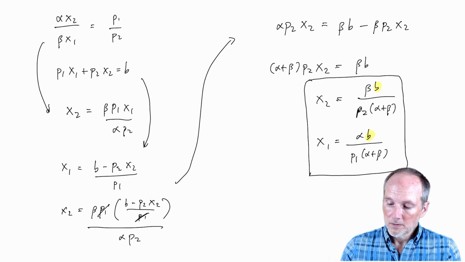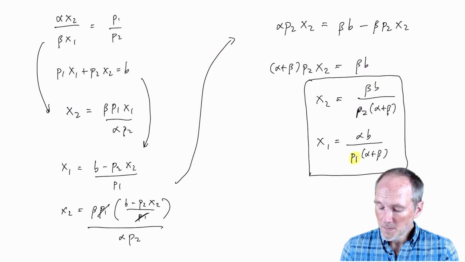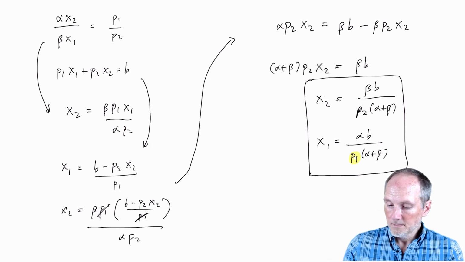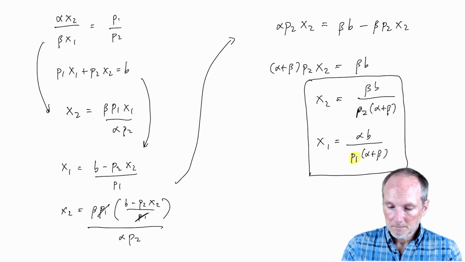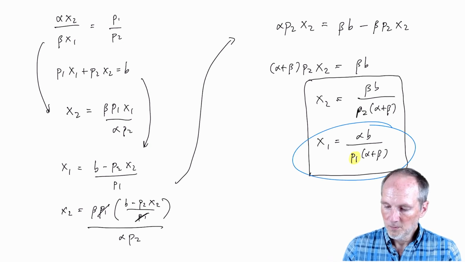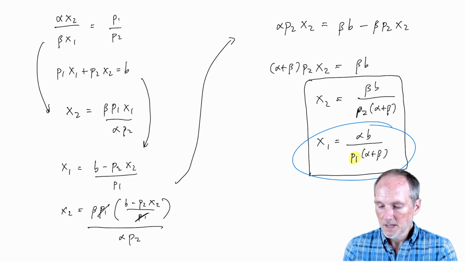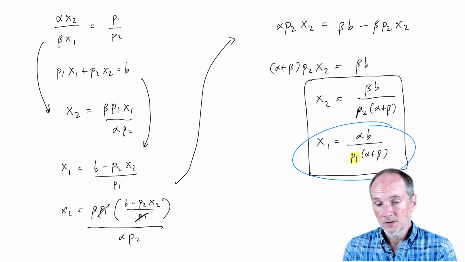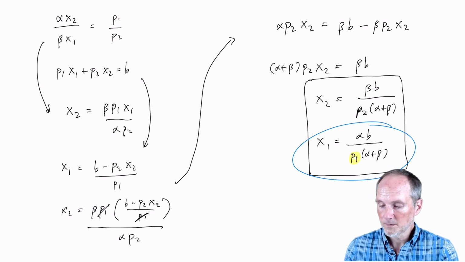If you, on the other hand, suppose you increase the price of good 1, well then clearly this expression we have for good 1 will go down, okay? So if the price of good 1 goes up, the demand for good 1 goes down. Also very intuitive.